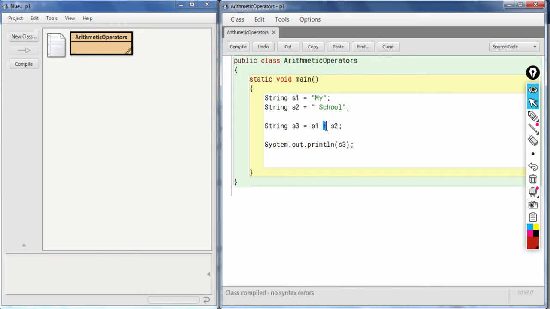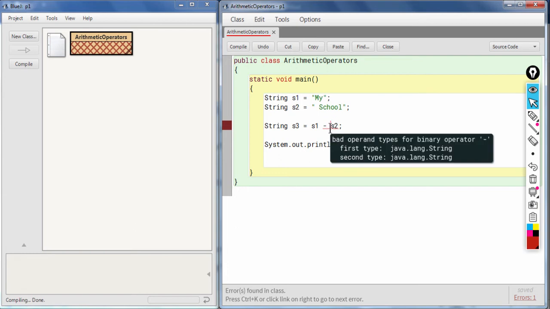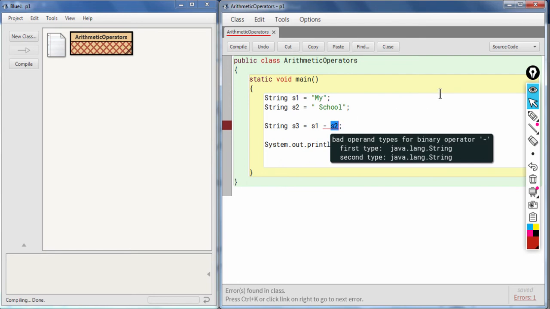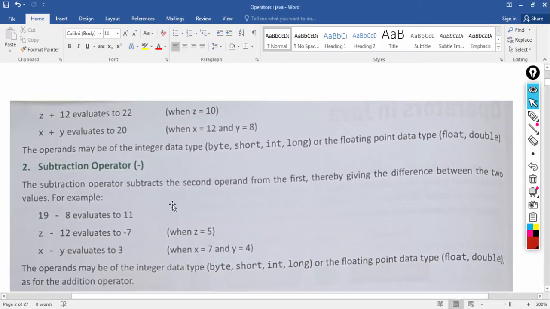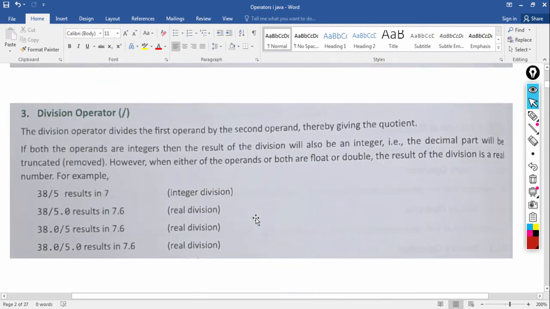If I write here minus and compile it, you can see that we have got an error. The error is showing bad operand. That means minus cannot be applied on a string kind of operand. So subtraction and division will give you an error.